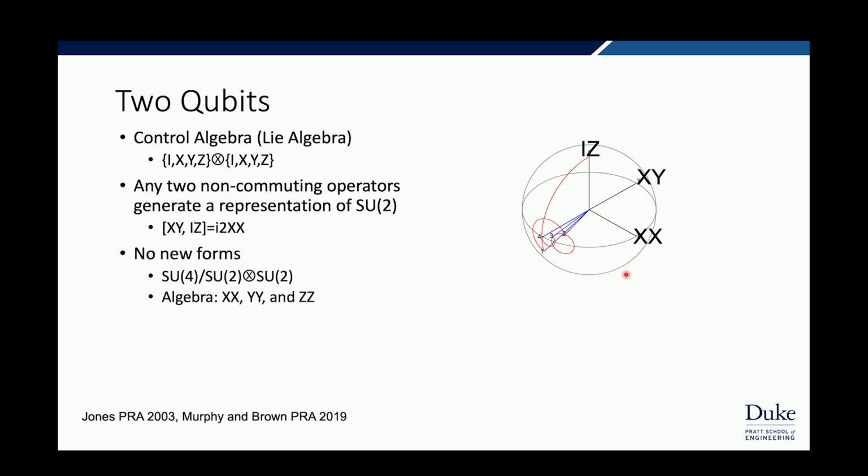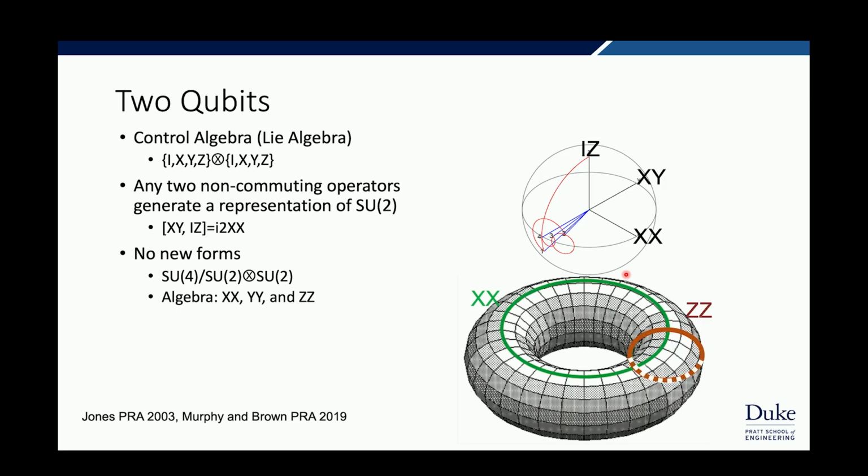So in the NMR days, Jonathan Jones showed that you could apply this to 2-qubit gates, because it basically depends on the Lie algebra generated by 3 anti-commuting pieces, usually Z, X, and Y. But I can just replace it with IZ, XY, and XX, and all of the algebra is the same. I was hopeful that we could find new forms back in 2015.